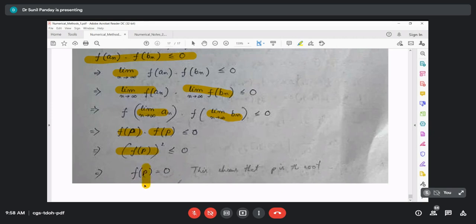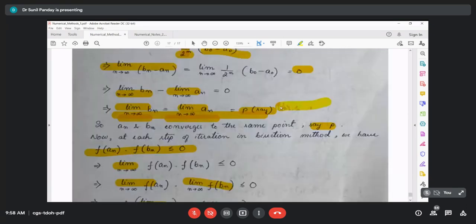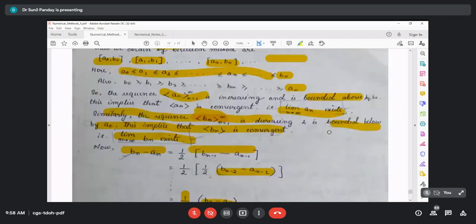And what is P? It is where a_n and b_n are converging. So if you perform infinitely many operations of the bisection method, you get the root of the given function. So it means the bisection method always converges.